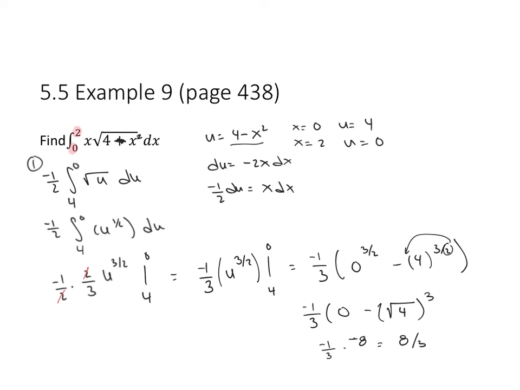Now, as I said at the beginning, there's two ways to do this problem. We can rewrite our endpoints now that they're 4 and 0, or we can substitute back in at this point for our original x values. Either way, we're going to get the same answer, but I'd like to show you that on the next slide. Let's go to this point.